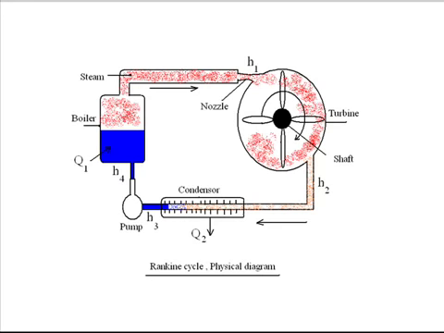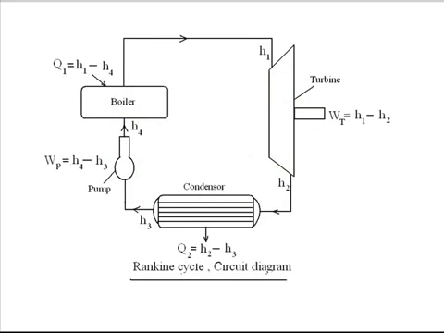So let us suppose that at the outlet of the turbine the enthalpy is H2, and when it is fed to the condenser, suppose the heat lost in the condenser so that this steam converts into water is Q2. Coming from the condenser, let the enthalpy be H3. Therefore H3 will be less than H2 because some amount of heat is lost by the steam. Now the pump takes this liquid water at low pressure and forces it to the boiler.